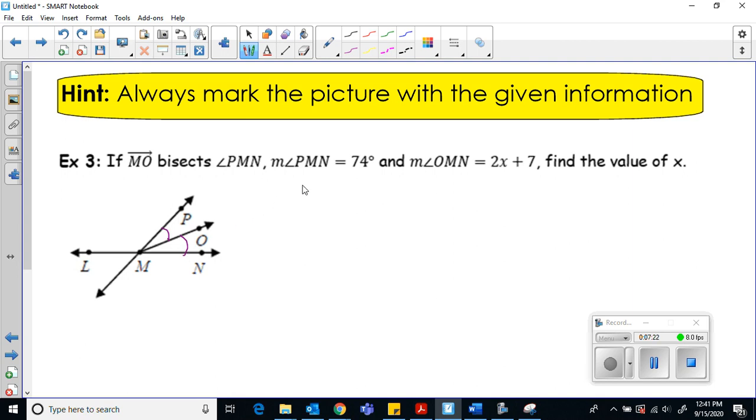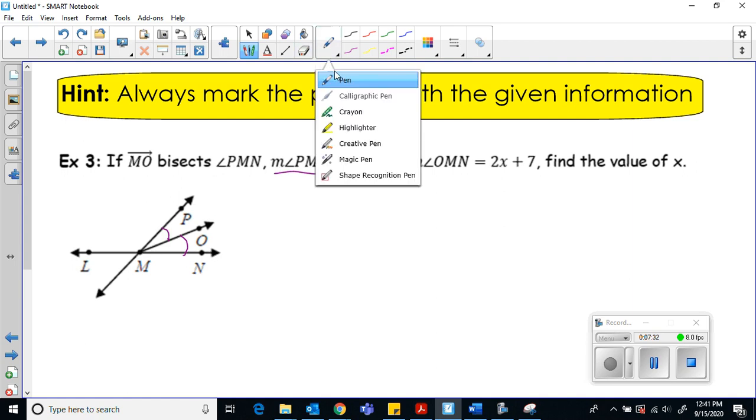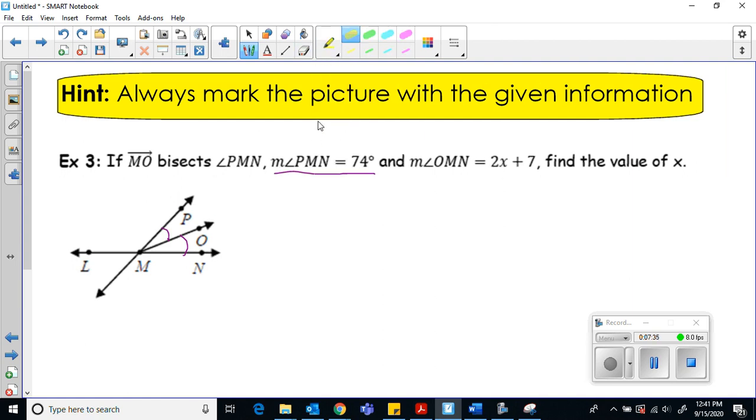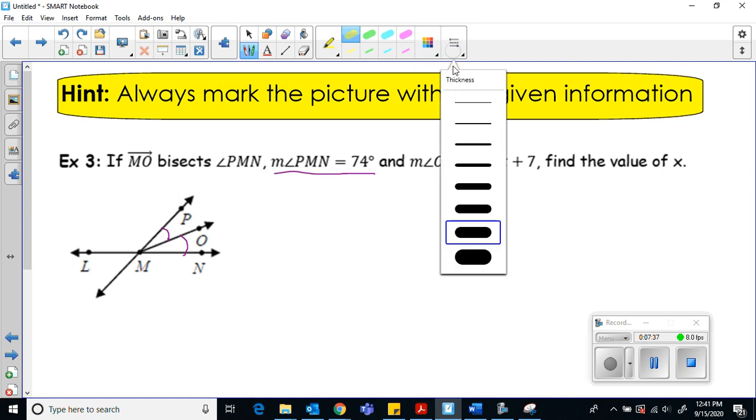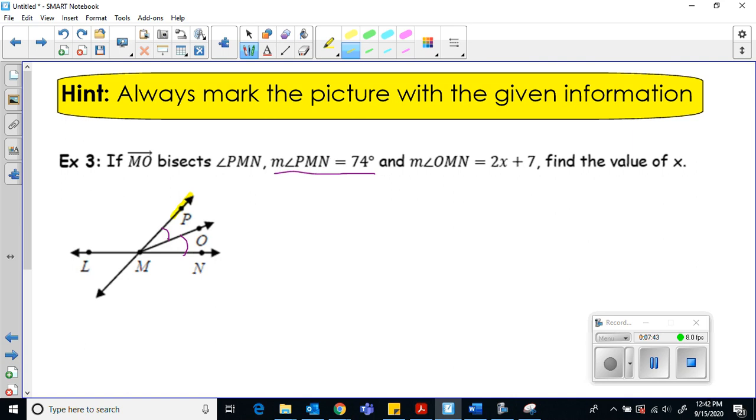Now this says the measure of angle PMN is equal to 74. So P to M to N, let's be careful, that is the big angle, so I don't want you to miss that. PMN isn't one of the halves, it's actually the whole angle.